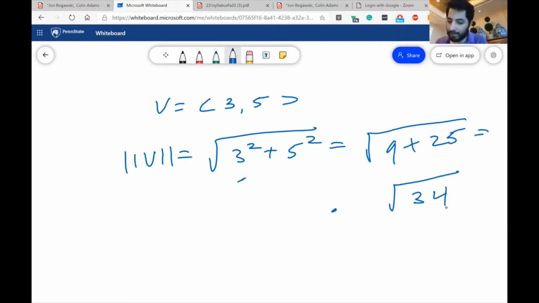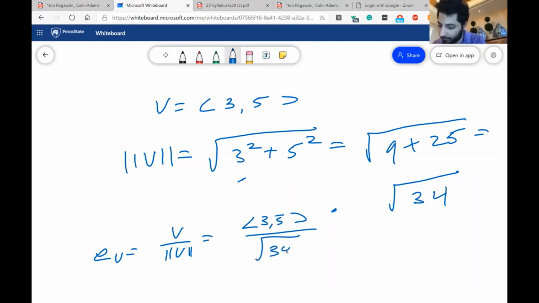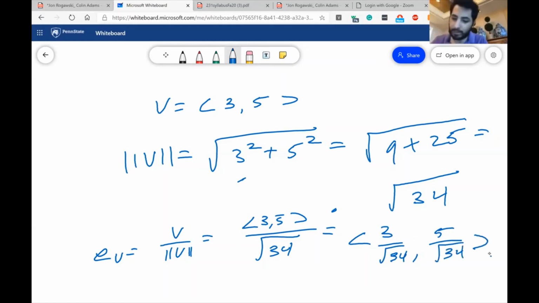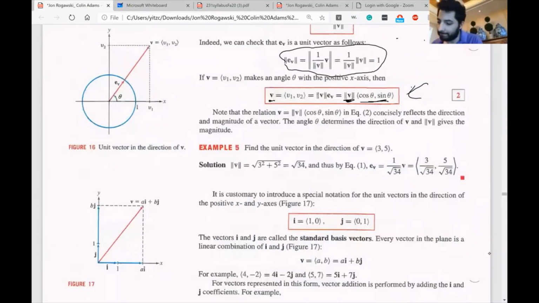So that's what the magnitude is. And now the unit vector EV is equal to V over its magnitude, which is 3, 5 over the square root of 34, which is 3 over the square root of 34 and 5 over the square root of 34.